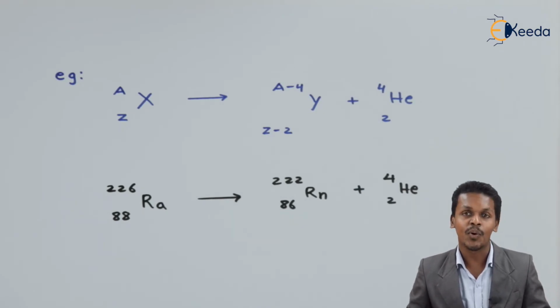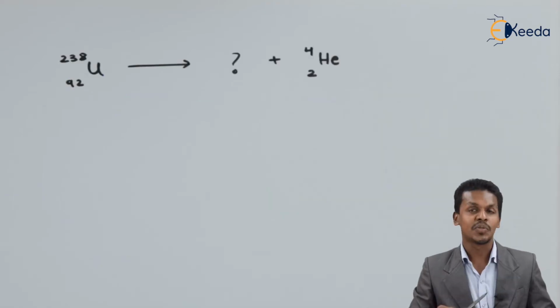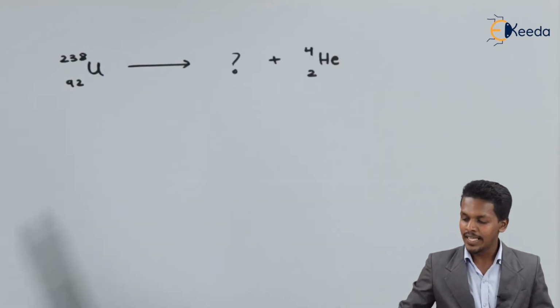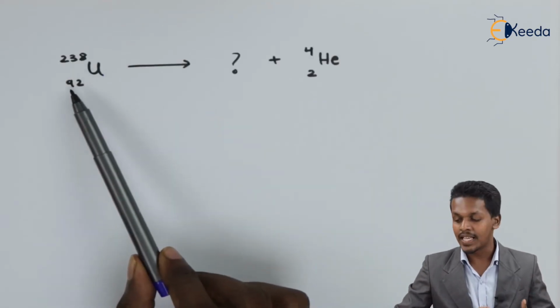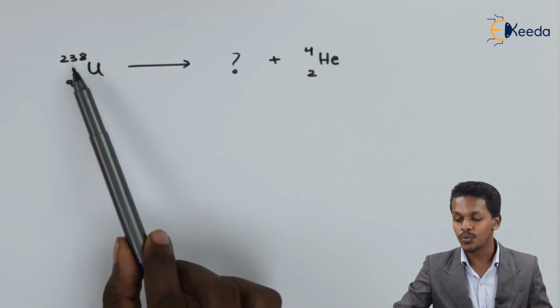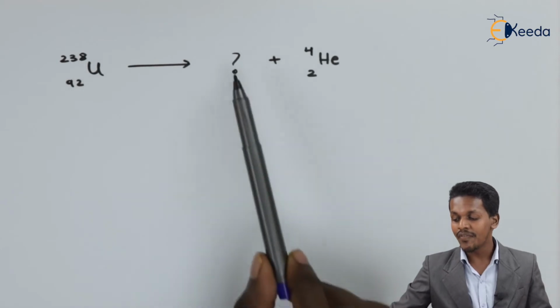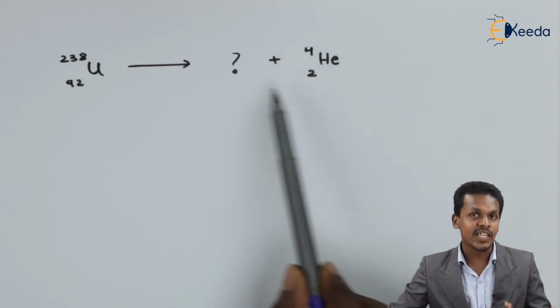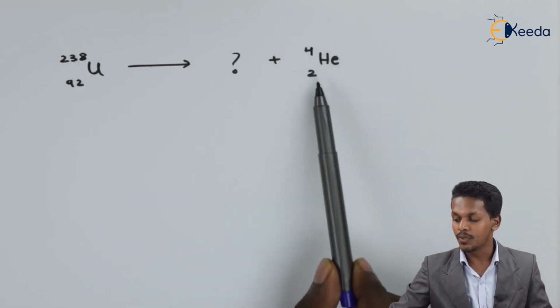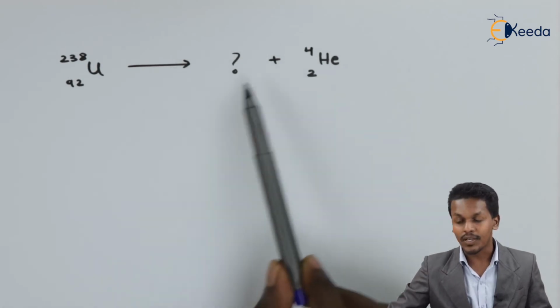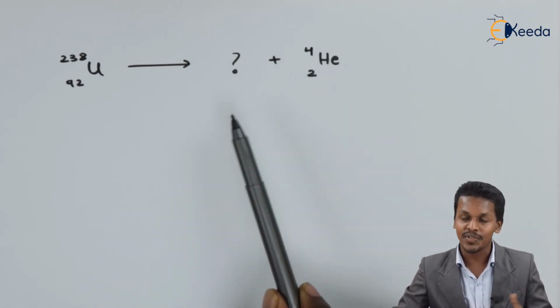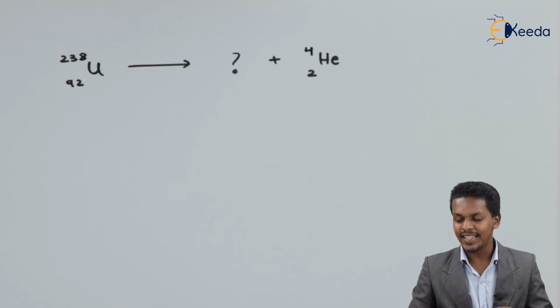Now let me talk about the other examples. Here we have uranium with an atomic number of 92 and an atomic mass number of 238. Suppose it produces an alpha particle, that is helium-4 (2He4). What is the daughter nucleus that is produced?